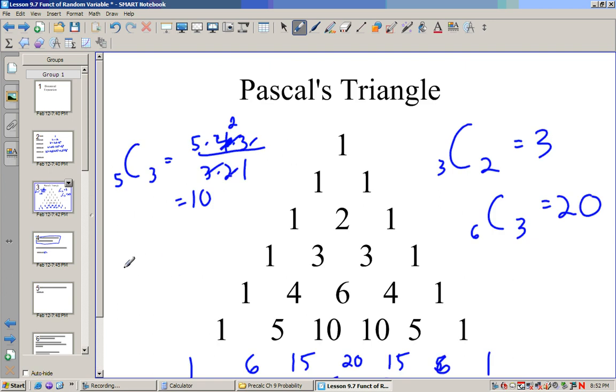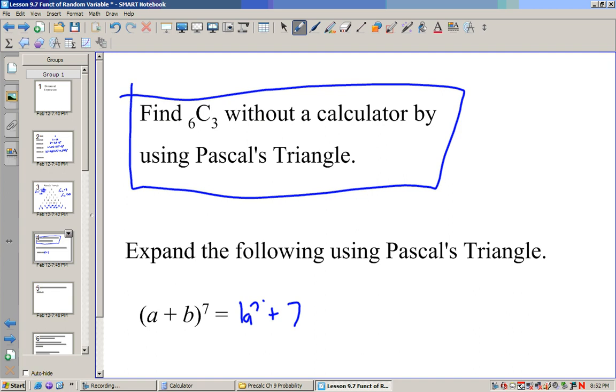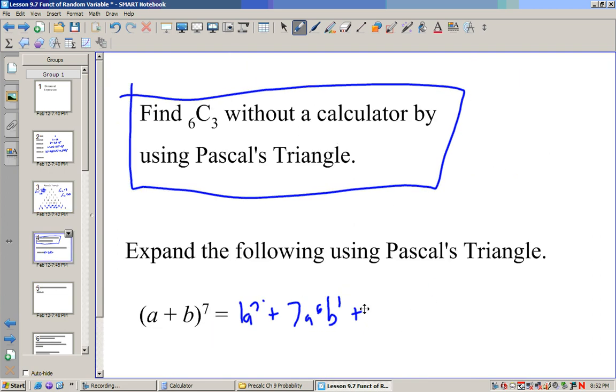My next coefficient is going to be 7. So I say plus 7 a to the 6th b to the 1st. My next coefficient will be 21. 21 a to the 5th b to the 2nd.